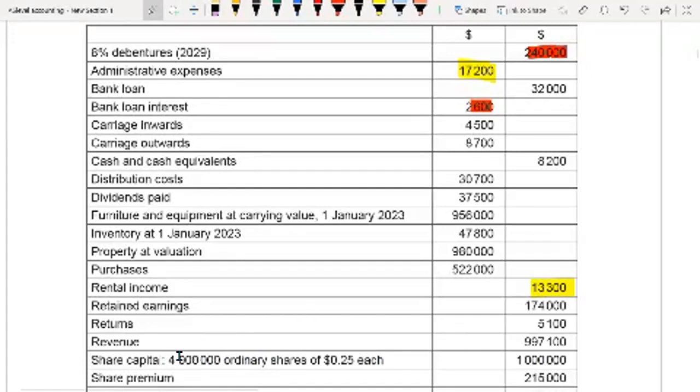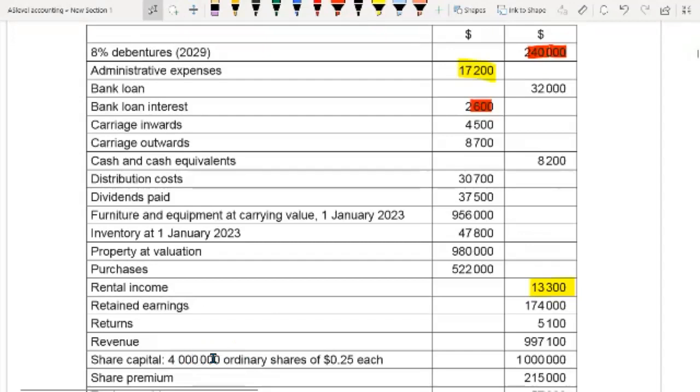So this was our end of the year share capital, and we also have the share premium.